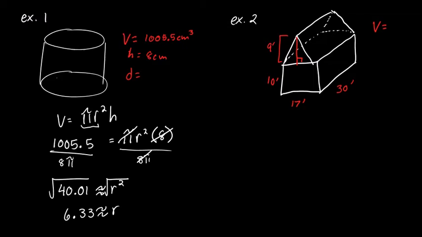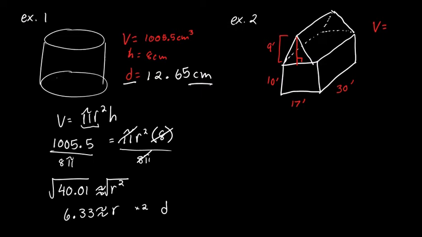Alright, so that's r. If that is my radius, I go ahead and multiply that value by 2 in order to get my diameter. And that's going to land me at about 12.65 centimeters. Since it's a diameter, it's a measurement, so it should just be plain old centimeters.